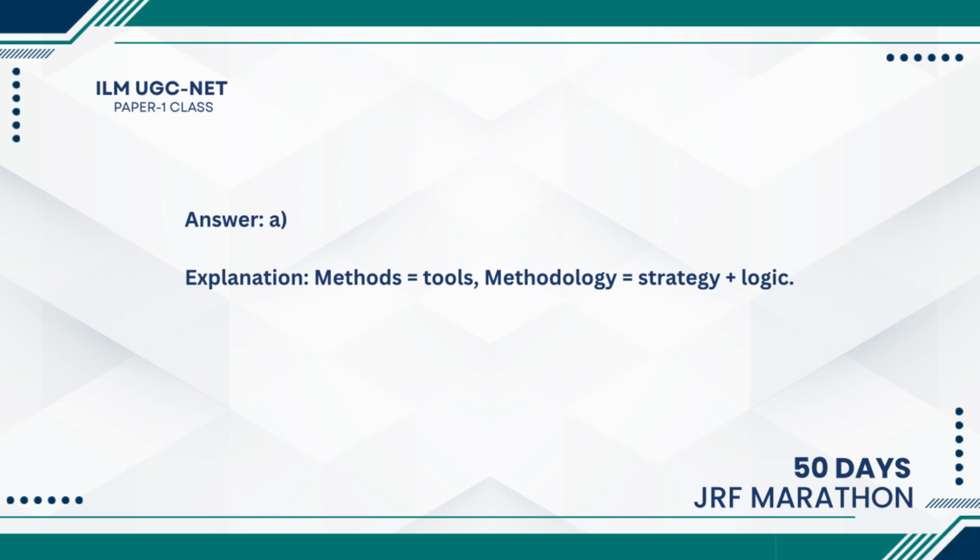Assertion, research methodology is broader than research method is a true statement, and also research methodology includes philosophy, logic and rationale of research, while methods are just tools is also true. So it will be option A. Both A and R are true and R is the correct explanation of A.